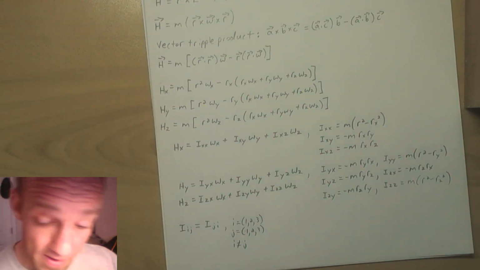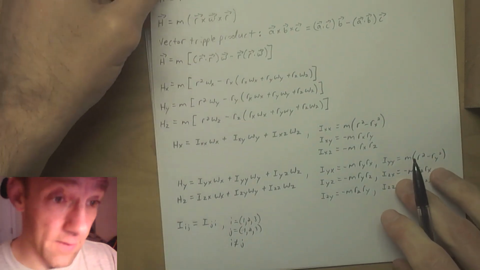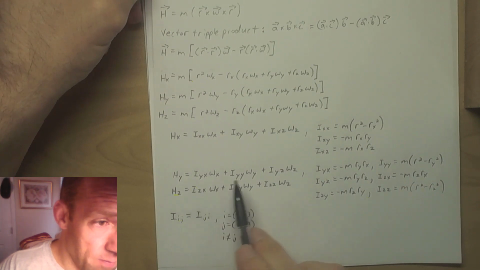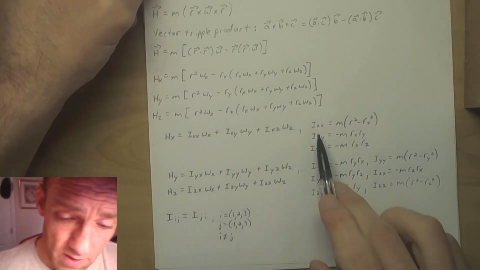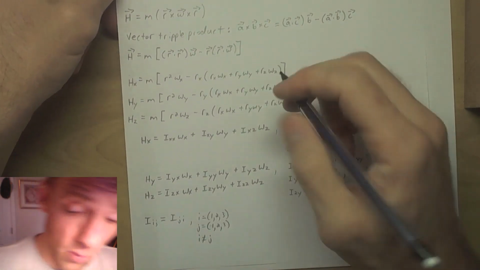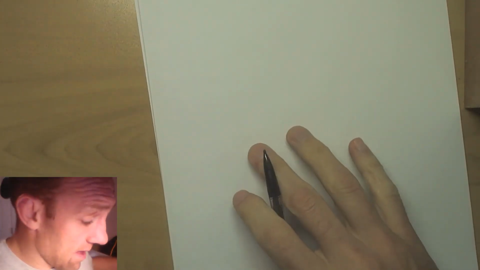All right. So these I coefficients, the coefficients that I've labeled with I and then the subscripts for the axes, the collection is called the inertia tensor.